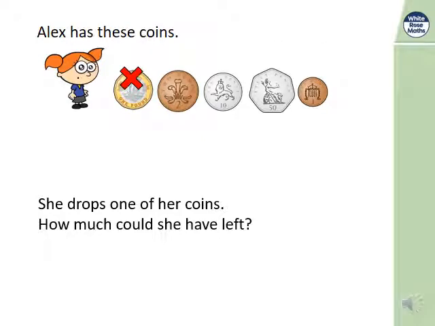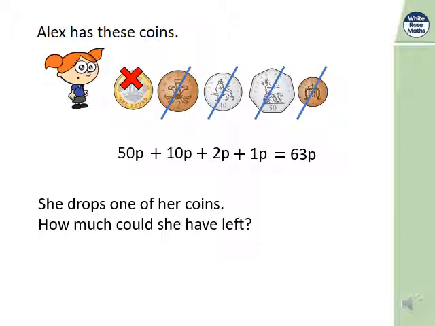Let's have a look and see. Well, we can see there that she's got a £1, 2 pence, a 10 pence, a 50 pence and a 1 pence. So if she drops the pound, then she's left with those remaining 4 coins. So that's a 50, a 10, a 2 pence and a 1p coin. So she could have been left with 63p if she dropped the pound coin.